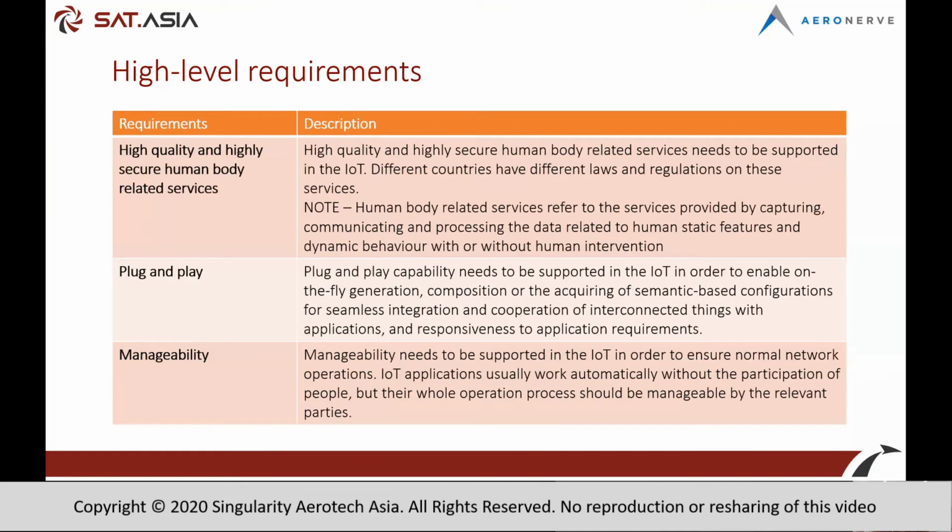Okay, the next high-level requirement is high quality and highly secure human body related services. So what are these human body related services? Human body related services refer to services provided by capturing, communicating, and processing data related to human static features or dynamic behavior.